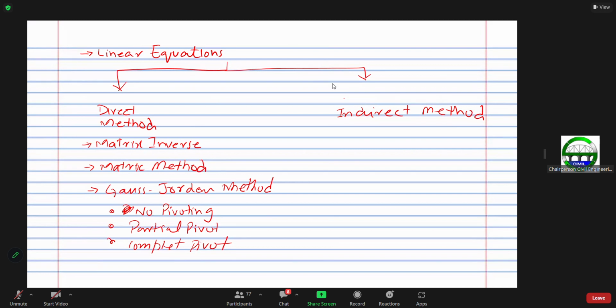Okay, if there is no issue, then let's move on to the other thing. Now we will go with the indirect methods. Indirect methods we also call iterative methods.